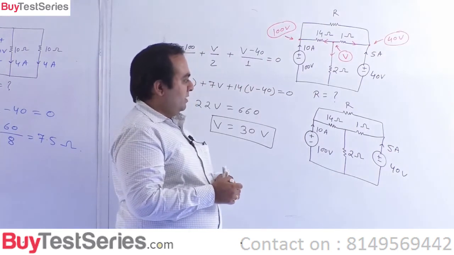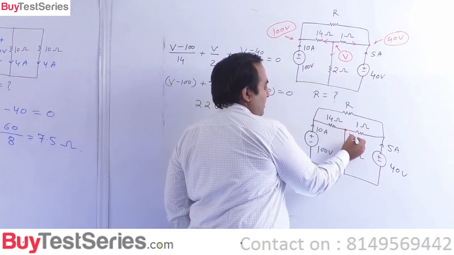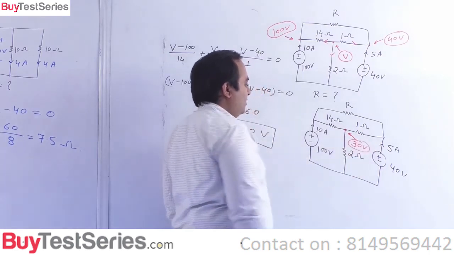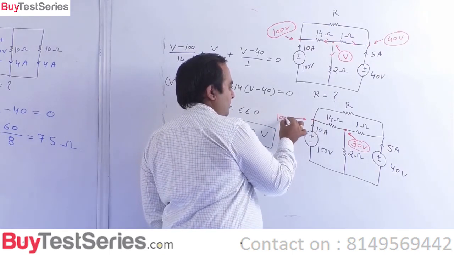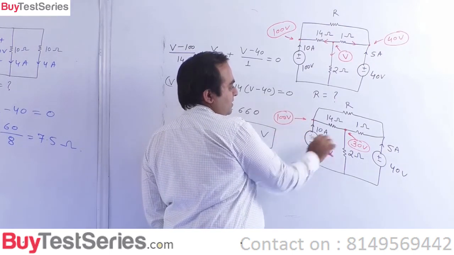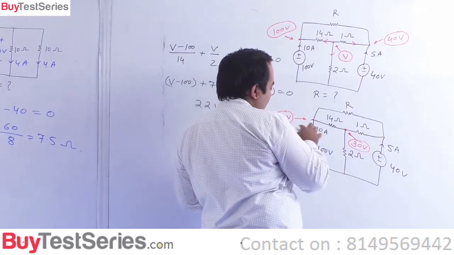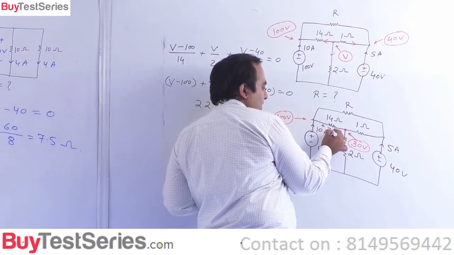Now see, it's quite simple. This voltage is 30 volts. So if this is 100, this is 30, then how much should be this potential difference? They differ by 70.